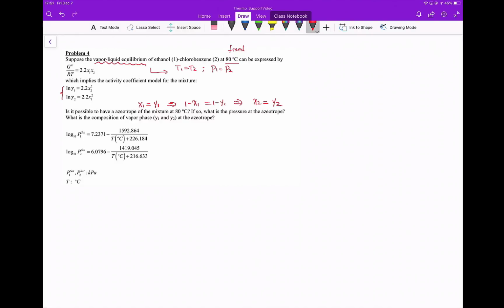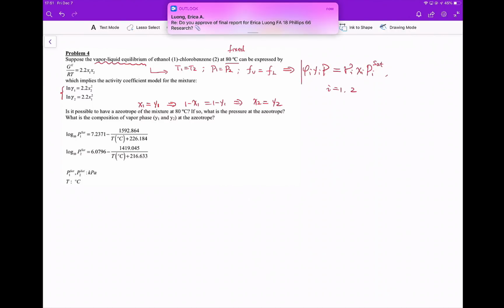P1 is also P2, where we only have one single vapor phase, and then the fugacity of the vapor should equal the fugacity of the liquid. Looking at the vapor phase as well as the liquid phase, in general we have the fugacity coefficient phi i times yi times the total pressure equal to the activity coefficient gamma i times xi times Pi sat, where i is the two components.